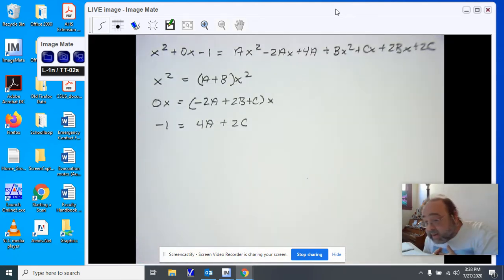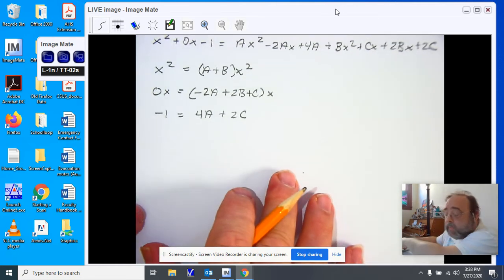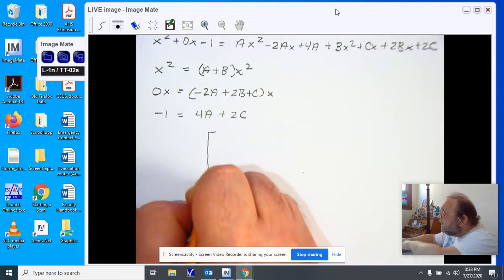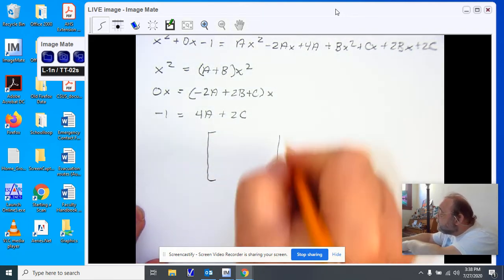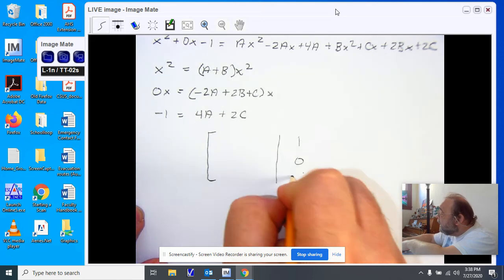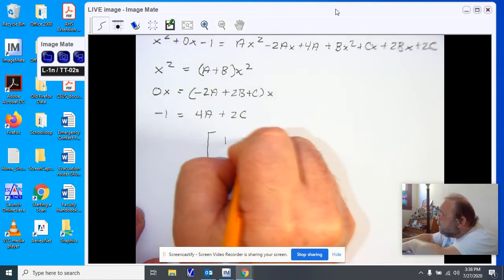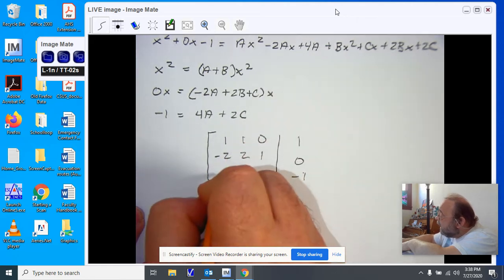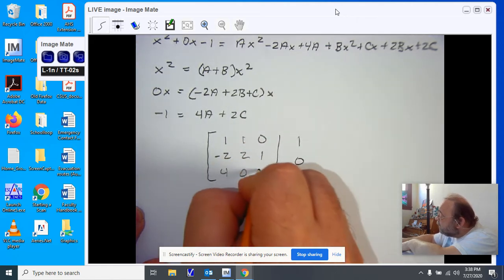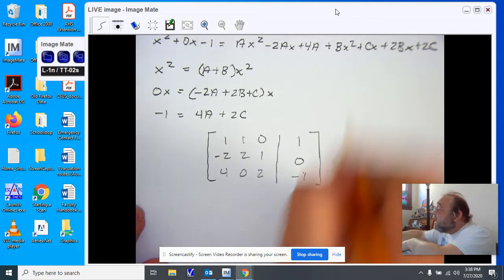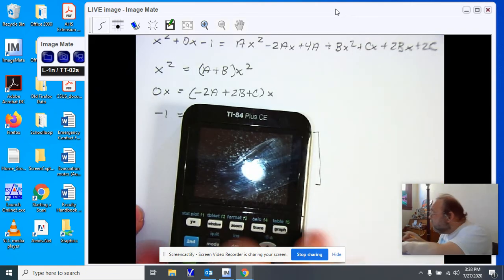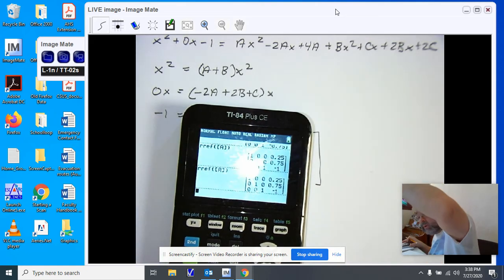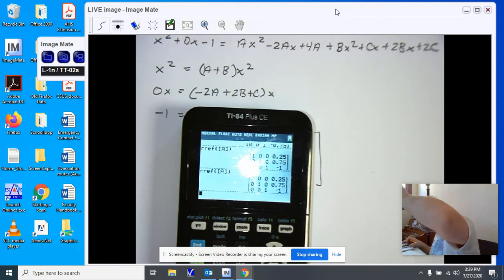Now, I decided to make this into a matrix and work with my calculator with reduced row echelon form. So making it into an augmented matrix with a 1, 0, negative 1, I have 1, 1, 0, negative 2, 2, 1, and I have 4, 0, 2.